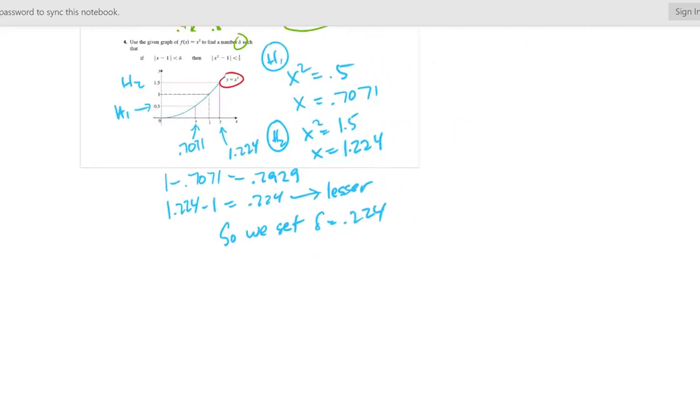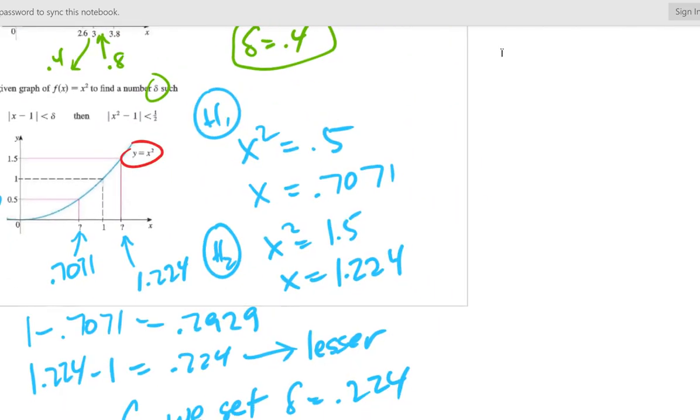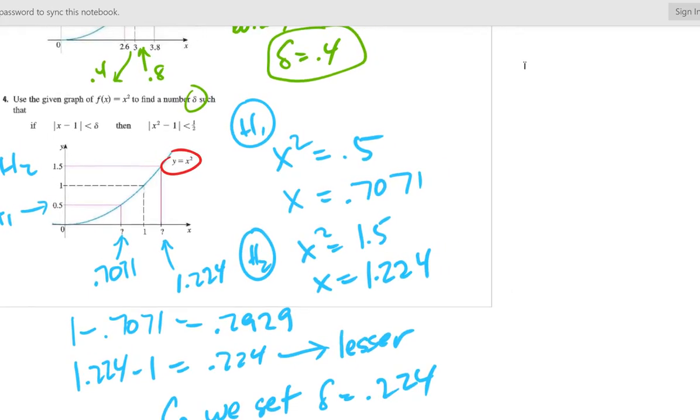Let's write this out using the definition of limit. The limit of x squared as x goes closer and closer to 1 is 1.